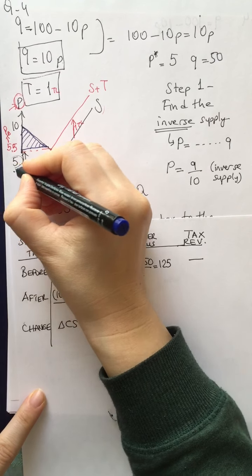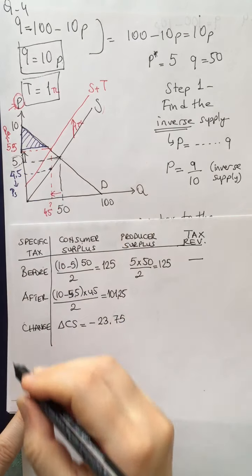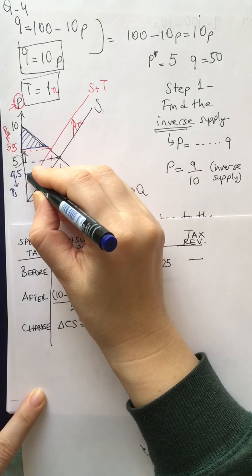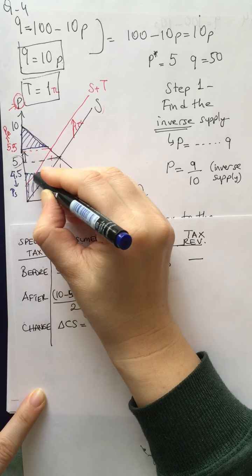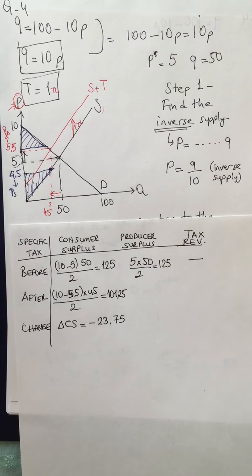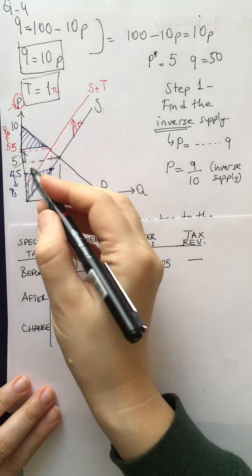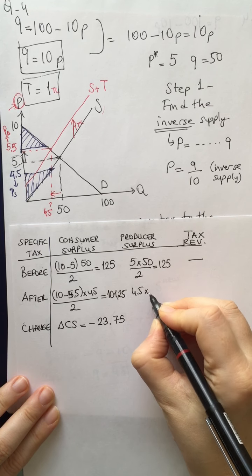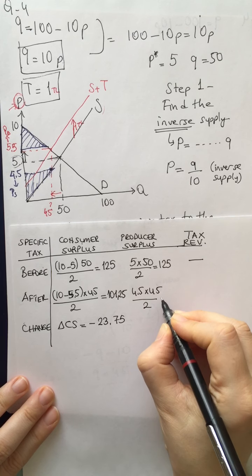Therefore, the price for suppliers will be 4.5. This is PS. So the producer surplus with the tax will be the area below this 4.5 price, the area between 4.5 and here. So in that case, the producer surplus will be 4.5 times 45 over 2.